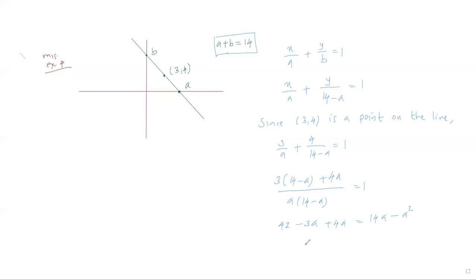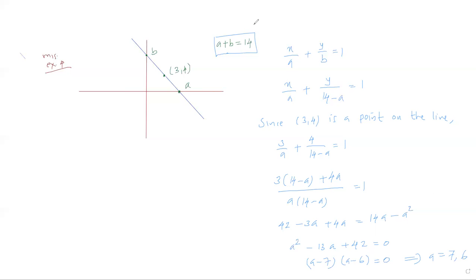Bringing a square to the right side, it will be plus a square, and minus 3 plus 4 plus a minus 14 is minus 13, and plus 42 was already there, is equal to 0. So this is (a minus 7) into (a minus 6) is equal to 0. So that implies a is equal to 7 and a is equal to 6.